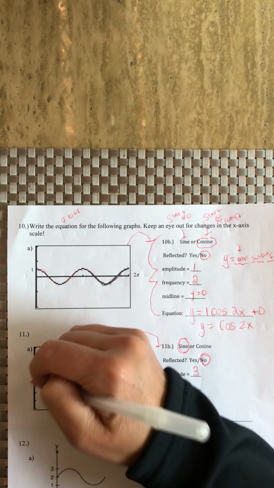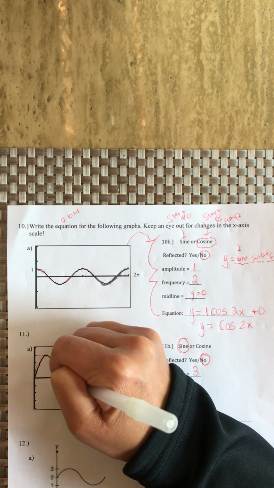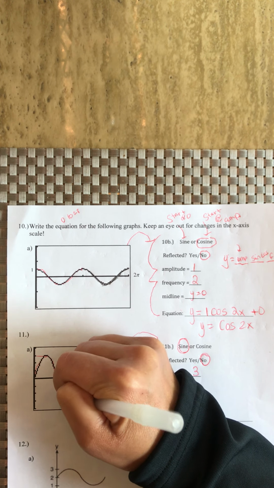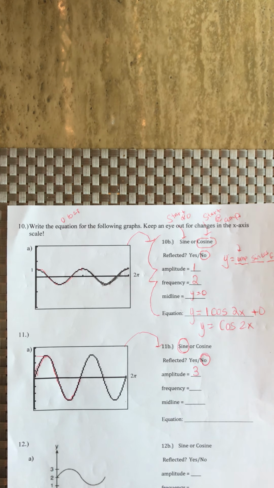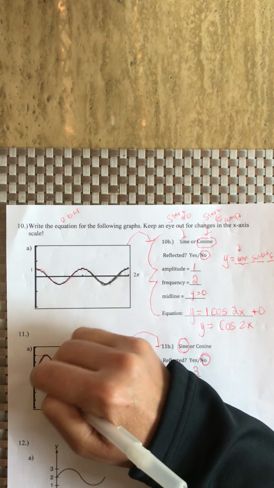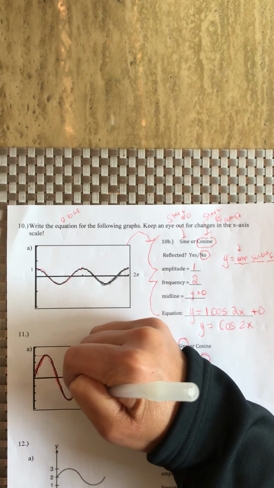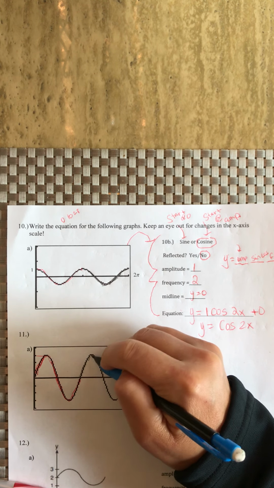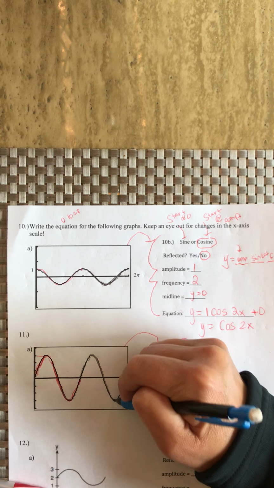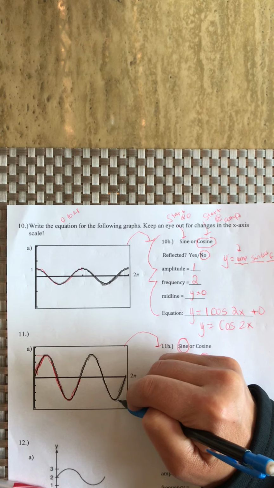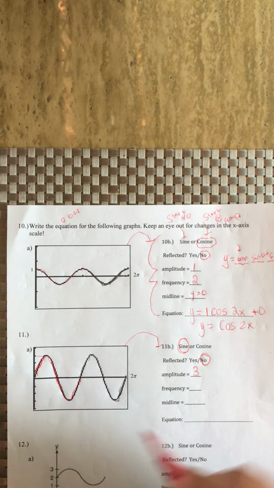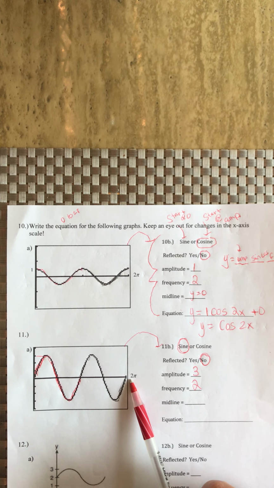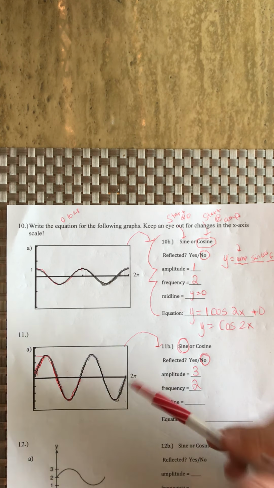The frequency: we start at 0. Midway, we're back at 0. And then we end at 0. That would be 1 right here. And then the other one starting at 0, midway back to 0, ending at 0. So we have another frequency of 2. And I do want you guys to note that, again, this is going from 0 to 2 pi, so we don't have to do anything with that frequency.